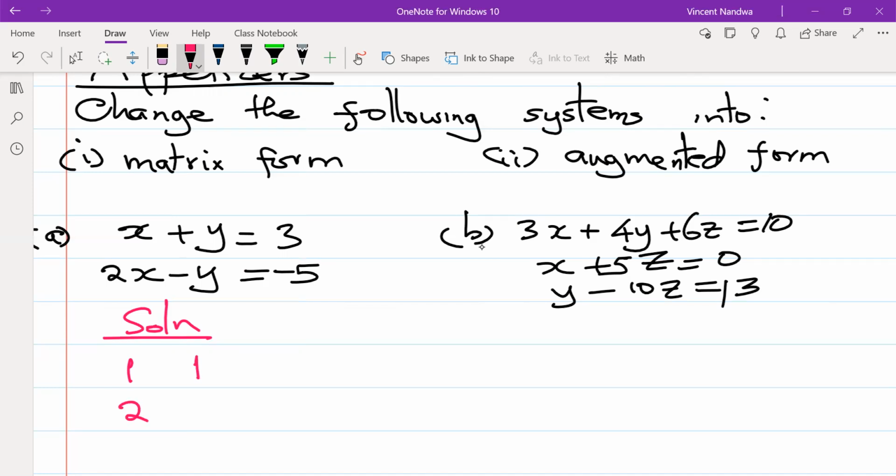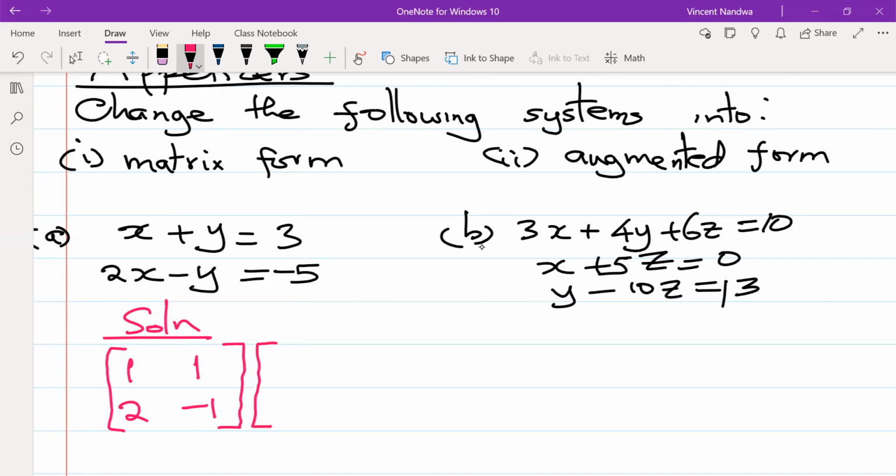Coefficient of y in the second equation is -1. So this is the matrix of coefficients, or coefficient matrix.